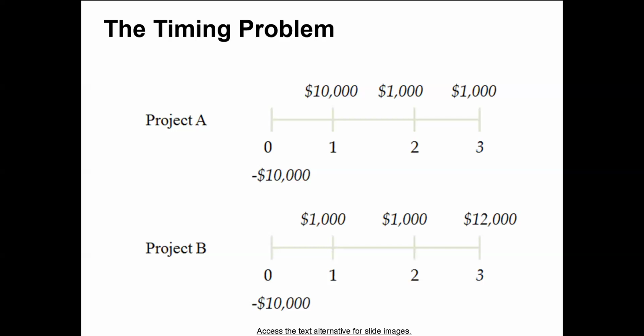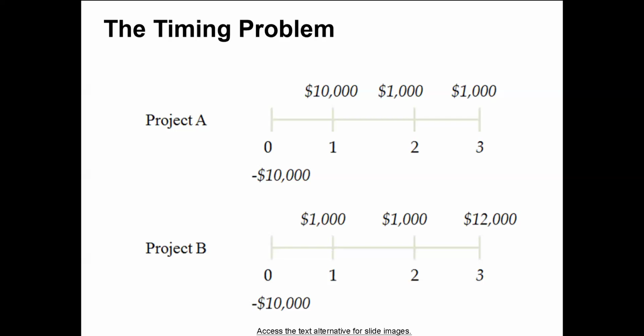So can you identify the difference between the two projects? Project A has big cash inflows at a very early stage, while project B provides a very big lump sum of cash inflows at a later stage.